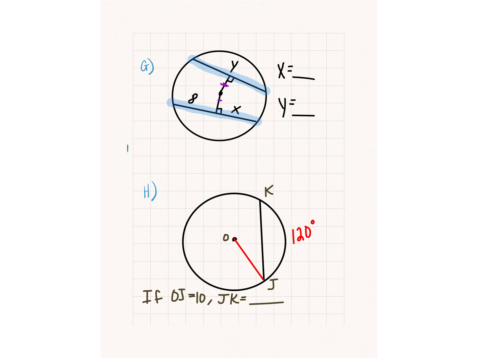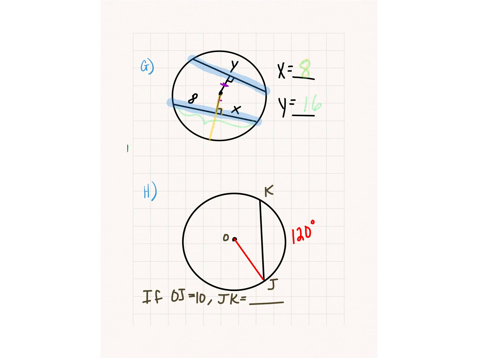I know a couple of other things too. I see that this segment here, that could be like a radius, is perpendicular to this chord. That means that it divides the chord in half. So I know then that X is 8. So this whole chord is 16, and since these two chords are congruent, I know that Y must also be 16.